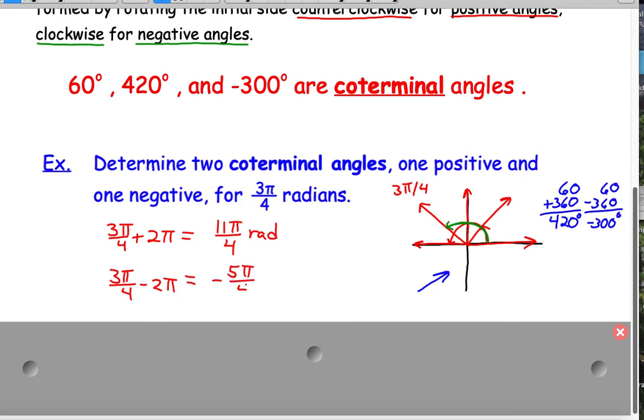And so there's my negative angle. And I could keep subtracting 2 pi, I could keep adding 2 pi. So this says determine 2 coterminal angles. I could keep going, and there's a lot of different answers. I could just keep adding or subtracting multiples of 2 pi and get as many as I want.